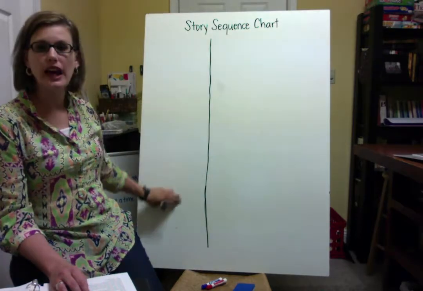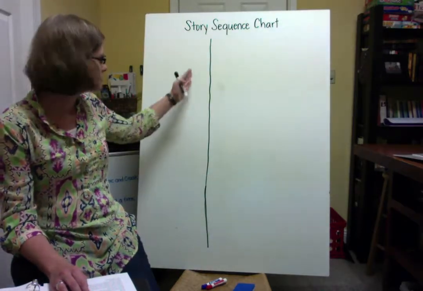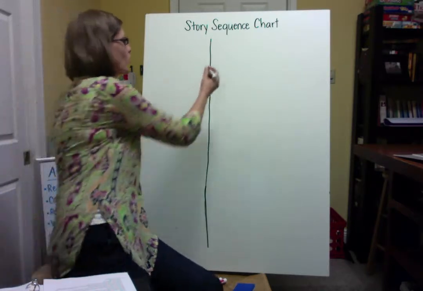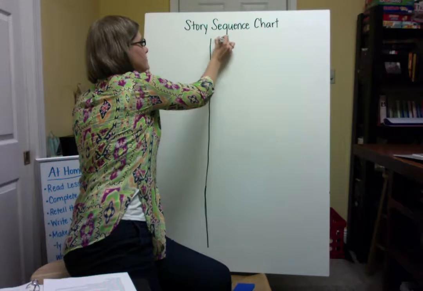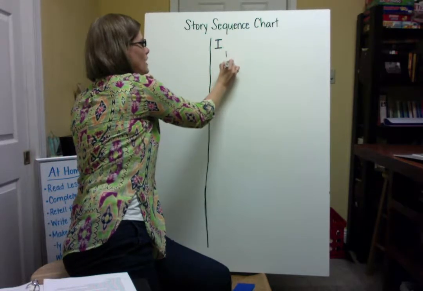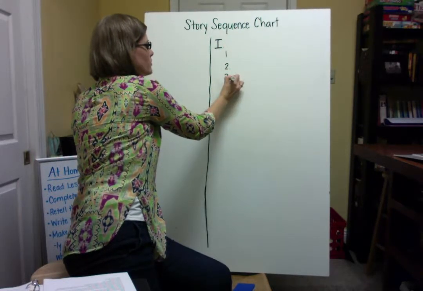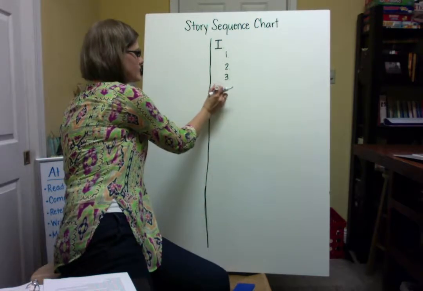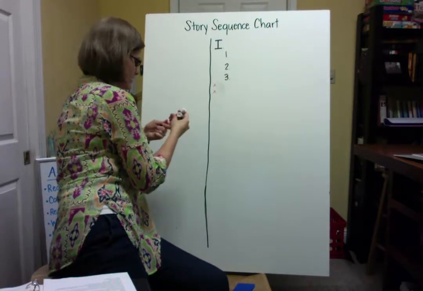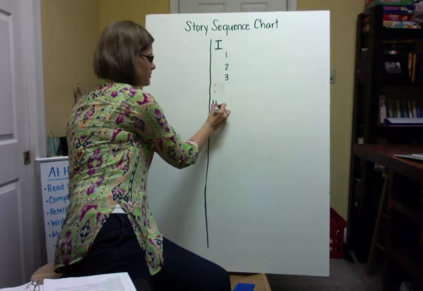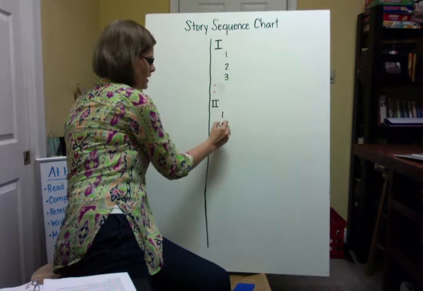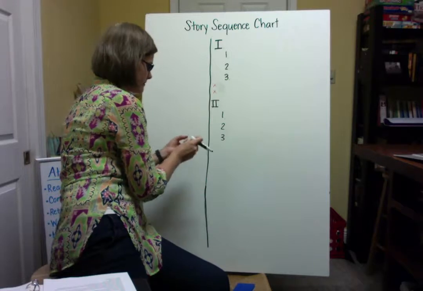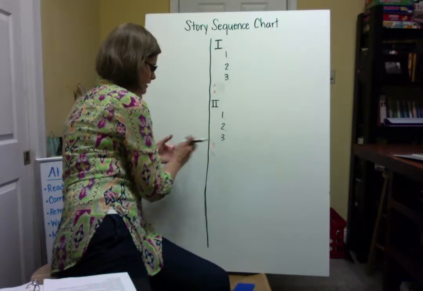So we're going to draw a line about the middle way down our paper. And on the right side, I want you to put a Roman numeral 1, followed by 1, 2, 3. You'll want to leave a space. And then Roman numeral 2, followed by 1, 2, 3. Leave a space.